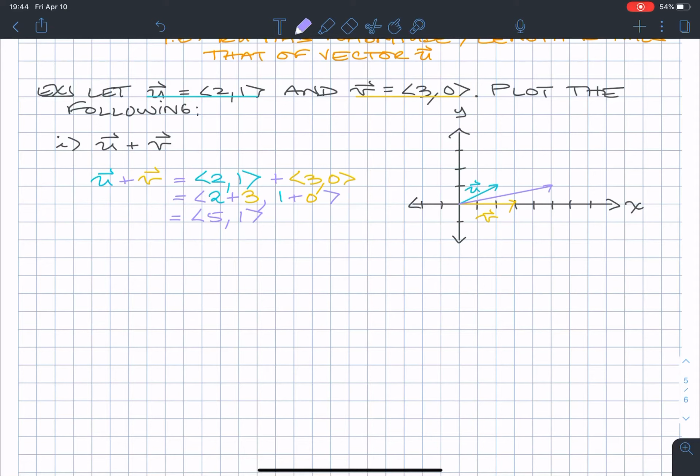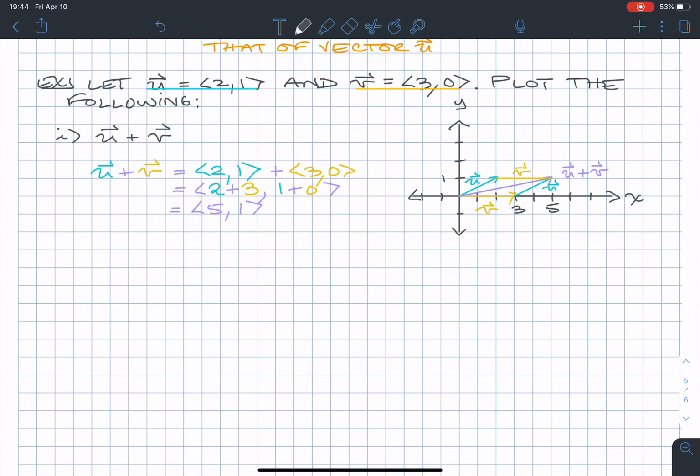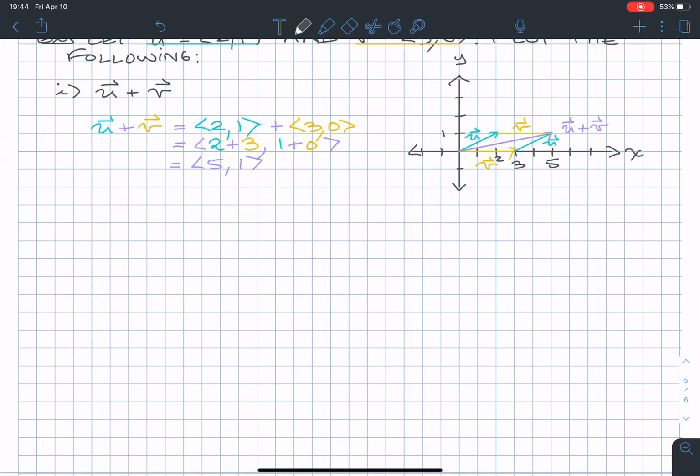Does that look like the diagonal, u plus v? Yep, it is a diagonal. So it is the main diagonal, so we're set. Okay, so number 2.